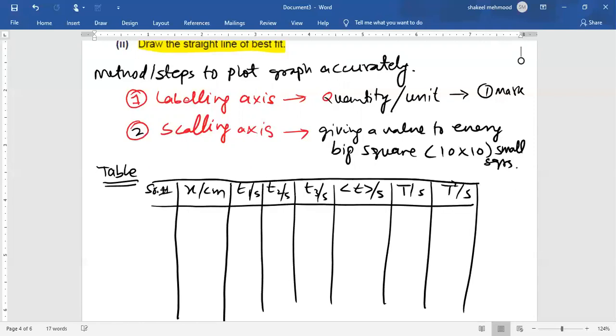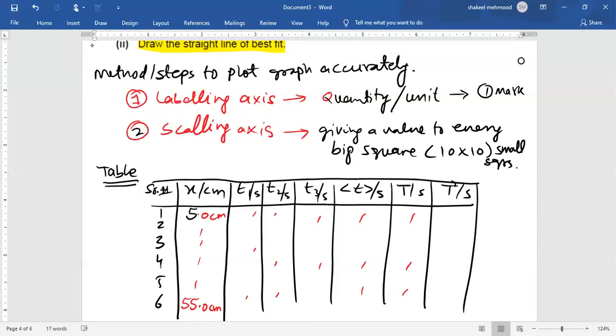So 1, 2, 3, 4, 5, and 6 readings are there. The main thing is, let's say X is 5 centimeter, and the last reading is 55 centimeter, and I'm skipping all the other values.